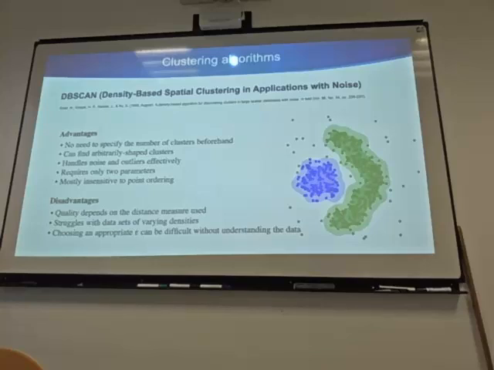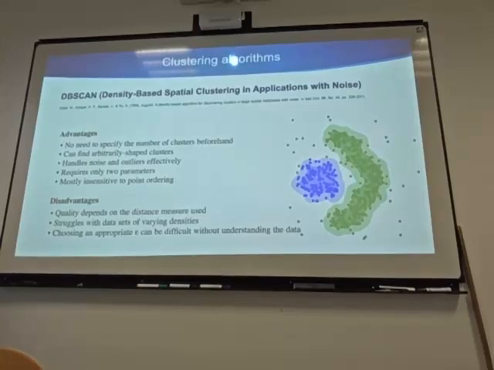But still there are some disadvantages, because it clearly depends on epsilon and the number of points you want to have in your core clusters. And so there is a question of calibrating these 2 parameters. And it can struggle in datasets with varying density. For example, if you have a big dataset and you have some areas with very few points and areas with dense points, and you have only 2 global parameters, epsilon and min points, then you cannot handle your whole dataset.